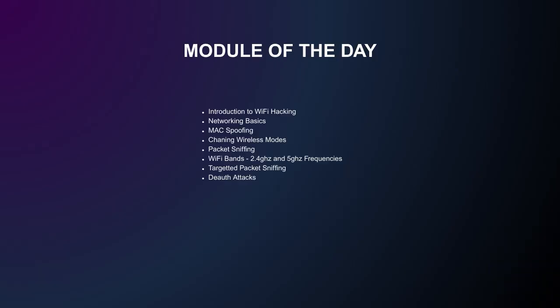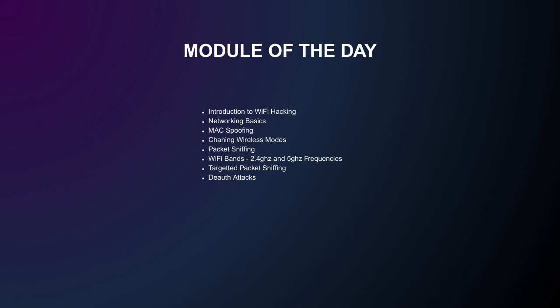So let's see what we have in the module today, and the first topic we have is Introduction to Wi-Fi Hacking, where we will see how Wi-Fi hacking really works, what is done in Wi-Fi hacking, what ethical hackers actually perform, and why it is so necessary in cybersecurity.